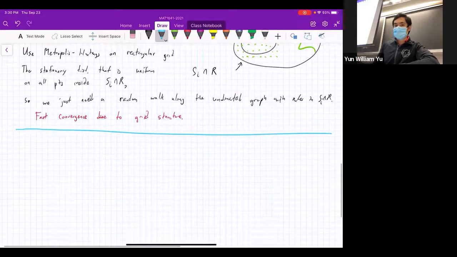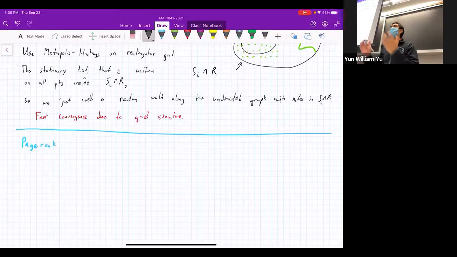And now I'm going to switch a little bit and talk about PageRank. So consider something called the World Wide Web. It's going to be some arbitrary collection of what we're going to call web pages, and they're going to have things called hyperlinks that a web surfer can use to walk from one page to another. Now, this is a really advanced concept.